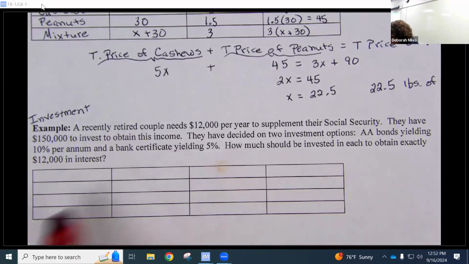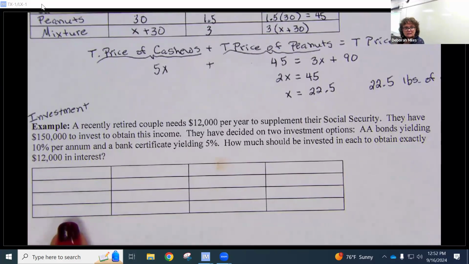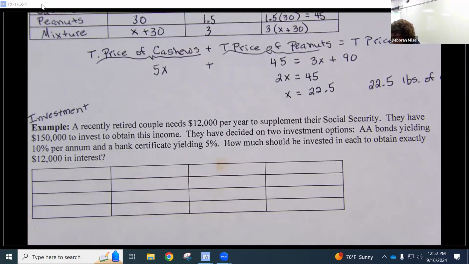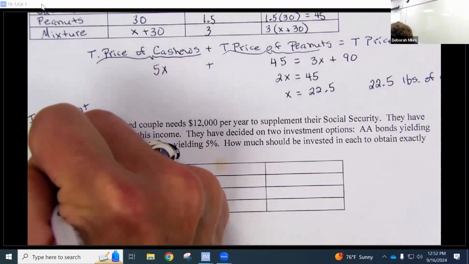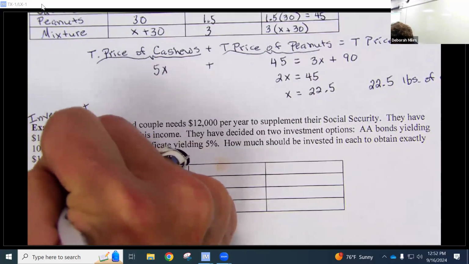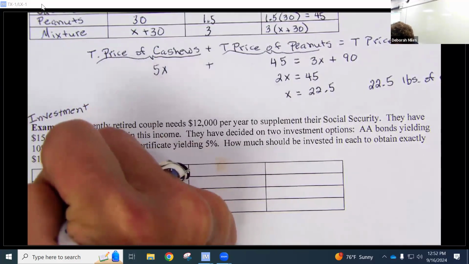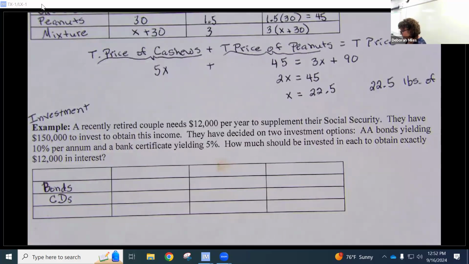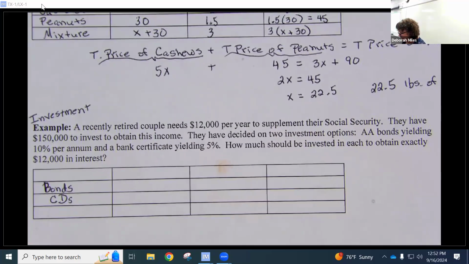All right, the two things that are being mixed here are what? Bonds and CDs, the two different accounts they can choose between or split their money into.